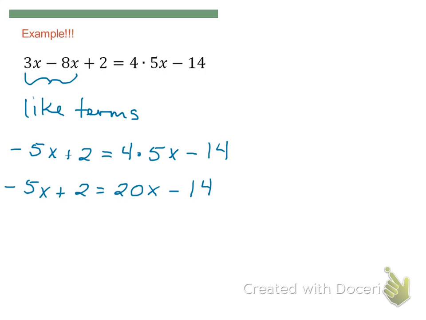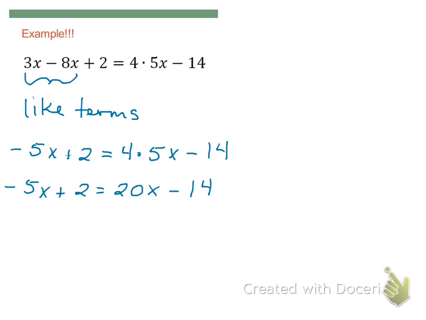Now what we want to do is, like I said before, our ultimate goal is to get the x's, or the variables, on one side, and the numbers on the other. When you move something to one side, you have to do the same thing on the other. So in this case, I'm going to move the negative 5x to the other side.